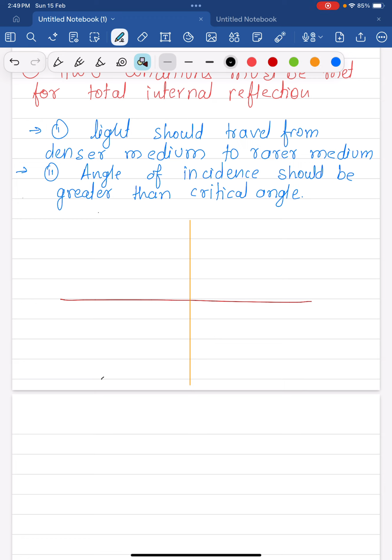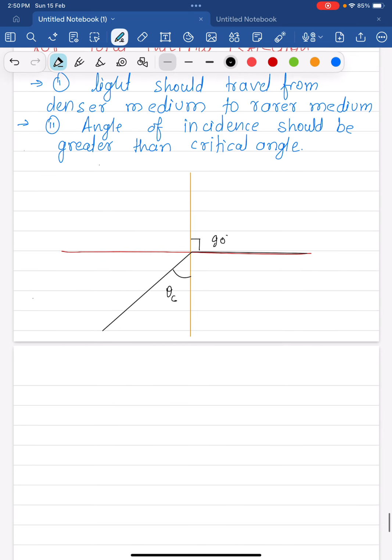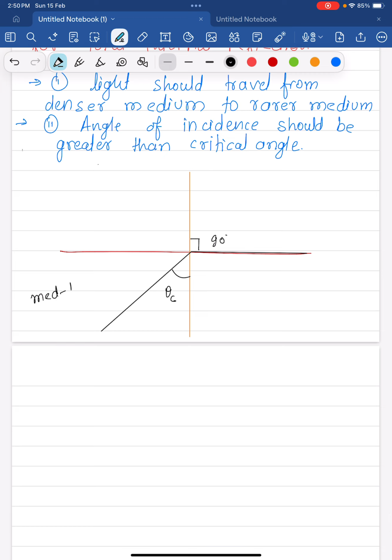Suppose a light ray is incident at an angle such that the angle of refraction becomes 90 degrees, then this angle of incidence will be the critical angle, and the angle of refraction is 90 degrees. This is medium 1 of refractive index mu1.